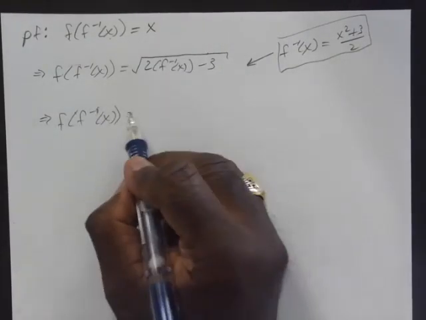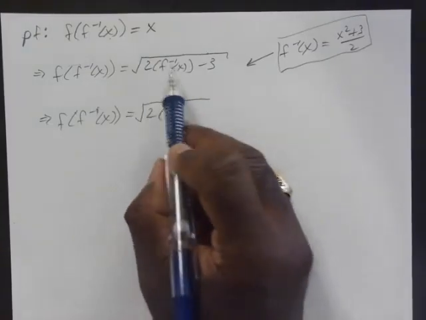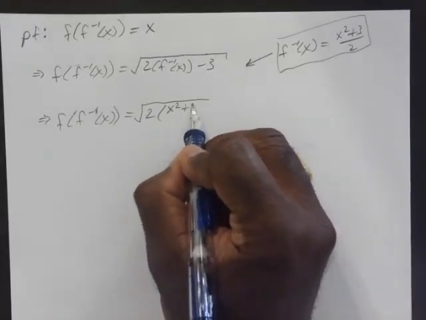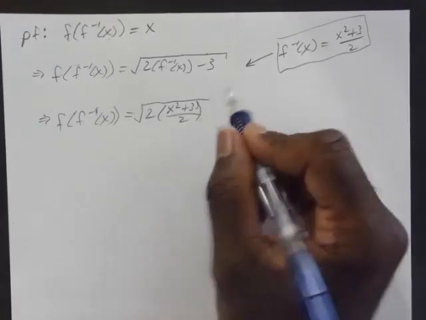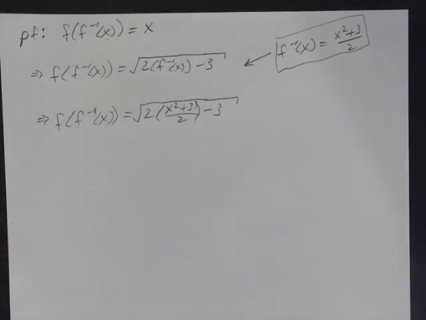So that means we're going to have the square root of 2 times, that f inverse of x, we're going to replace that with x squared plus 3 divided by 2, minus 3.